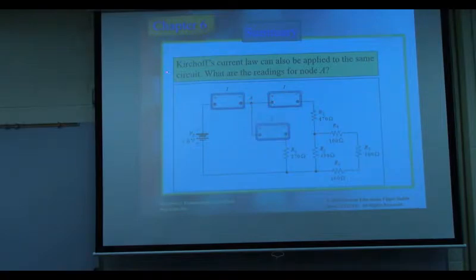That is the KCL. How about this one? This current going down, this current going left, this current going up, these 3 add up together also equal to 0. Right? Alright, so the first one is 8.